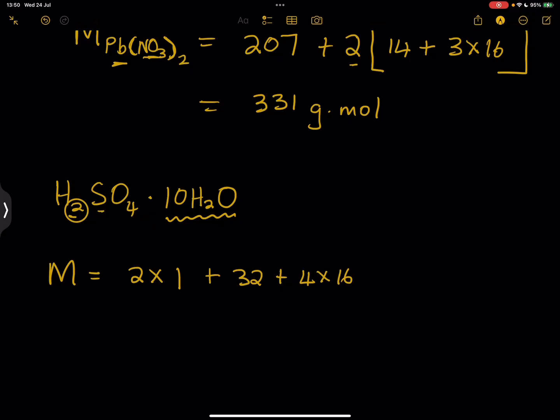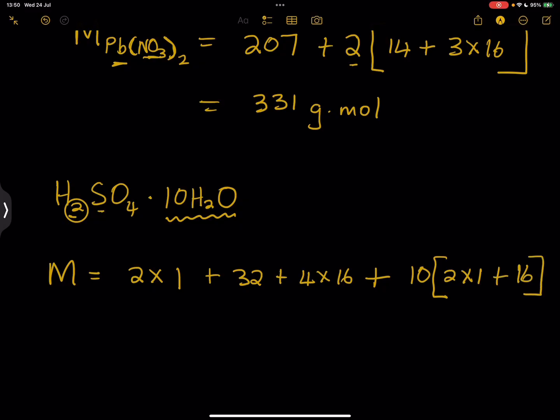You can check in your periodic table. Then you add the waters of crystallization, so this would be plus 10 times, where we've got 2 atoms of hydrogen, so 2 times 1, plus the oxygen, which is 16.